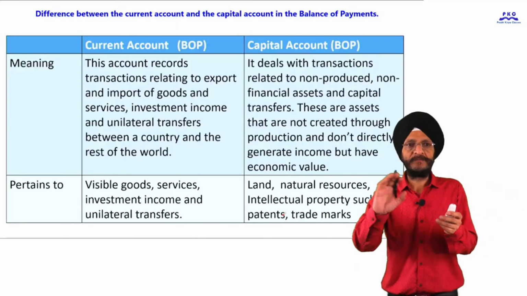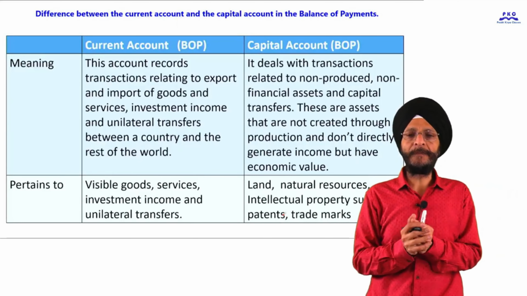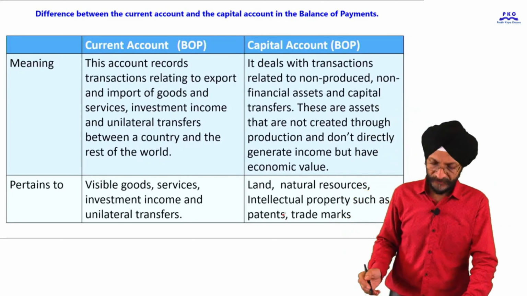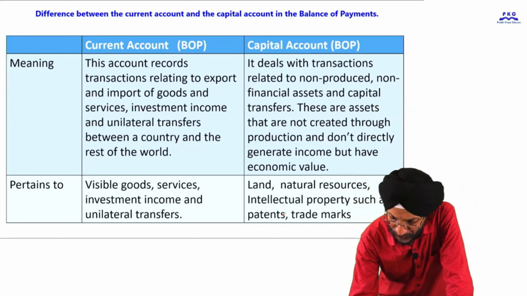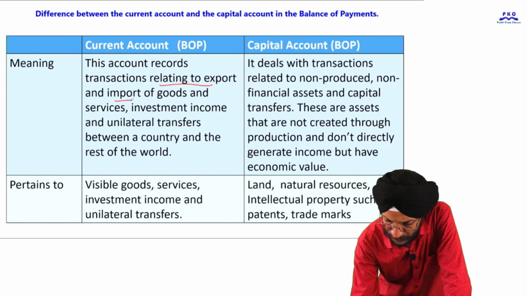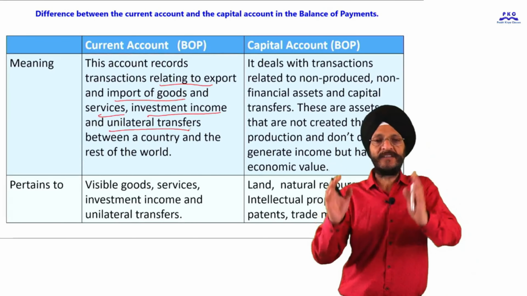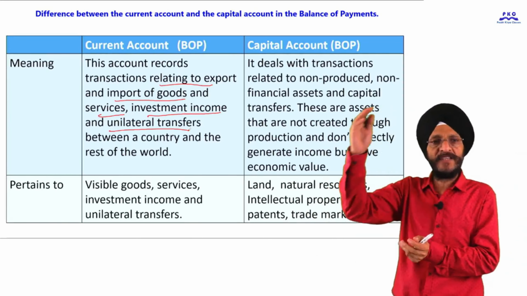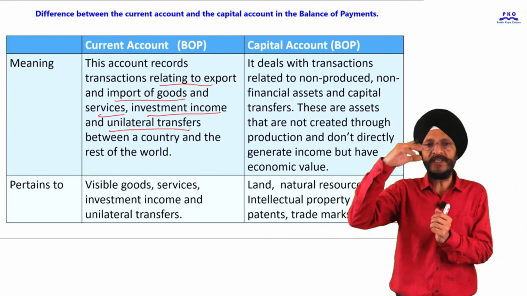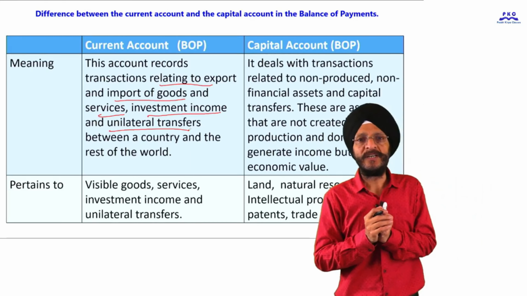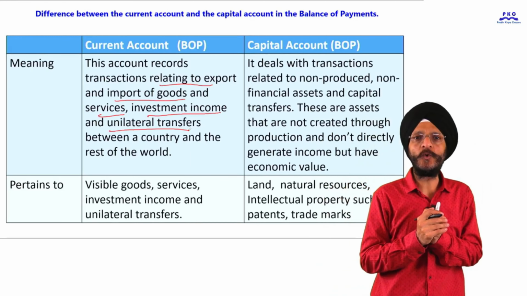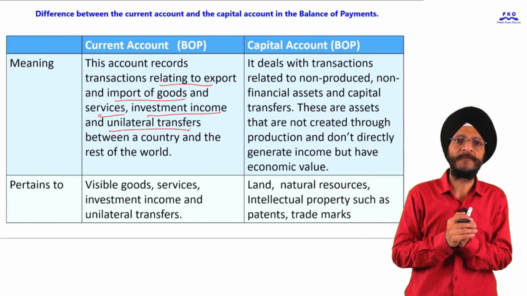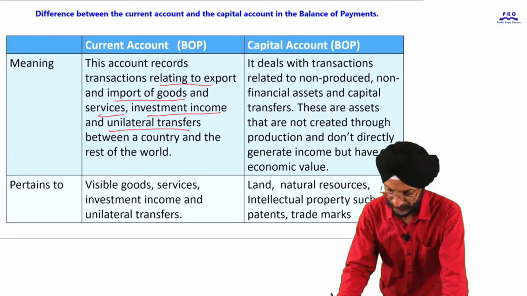So now we will have a brief discussion about the difference between the two. Current account records export and import of goods and services, investment income, and unilateral transfers which take place between the residents of a country and the rest of the world. On the other hand, capital account deals with transactions related to non-produced, non-financial assets and capital transfers.